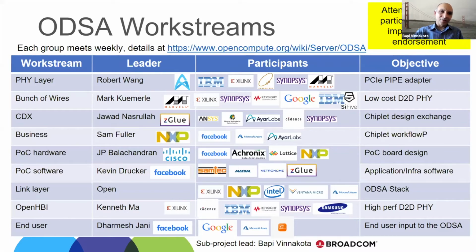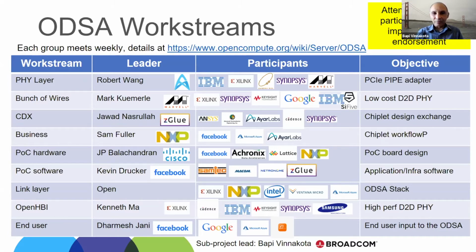Then we have another group focused on the link layer, which is a key part of the die-to-die interface. Finally, we have a high performance open PHY led by a gentleman from Xilinx, which is an alternative, much like the AIB, a very high performance interface derived from the HBM interface. And we're just about to kick off a new end user group.